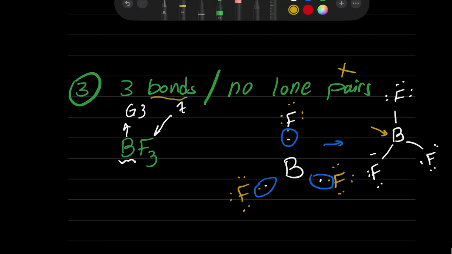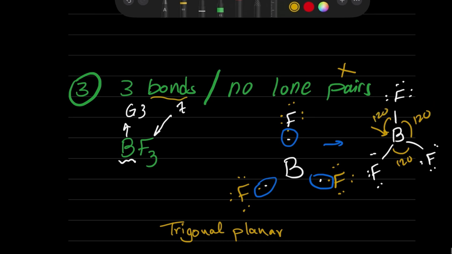So what do we call the molecule when it has 3 bonds with no lone pairs? We call it trigonal planar. Trigonal planar. Okay, and it looks like a spinner or the Mercedes sign, okay? And the angle for sure is 120 degrees in all of the molecule.